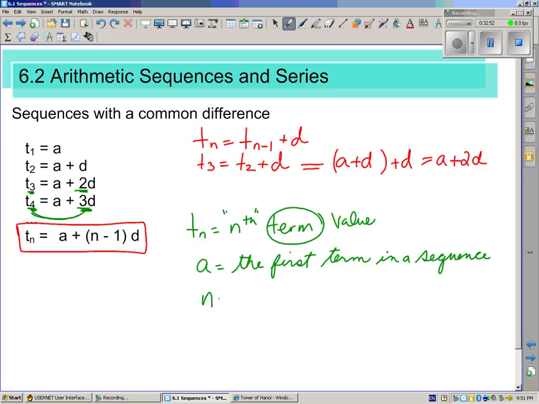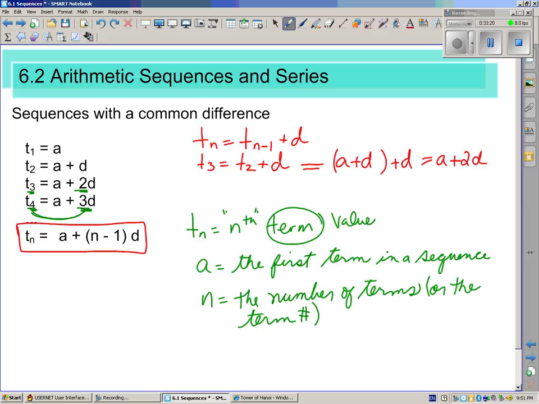What is n? N is the number of terms, for a specific one, or the term number. If I'm in a lineup, it's how many I am into that lineup.